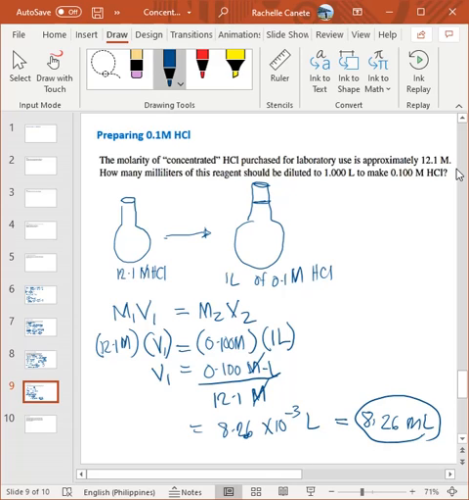And you remember to add acid to water. So you fill this up with a little bit of water first, and then you pour the acid. And then you fill this up to the brim until 1 liter. So this is a 1 liter flask. Okay?